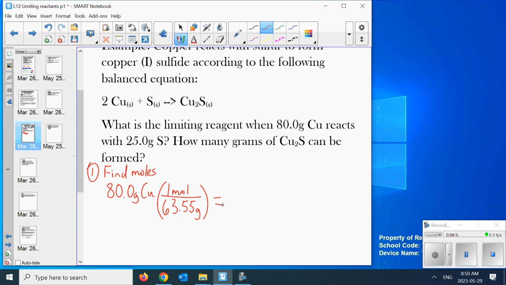And we use a calculator, I'm not doing this in my head, because I know it's over 1. 80 divided by 63.55, I get 1.258 and so on. I'm going to call it 1.26. And that's moles of copper.